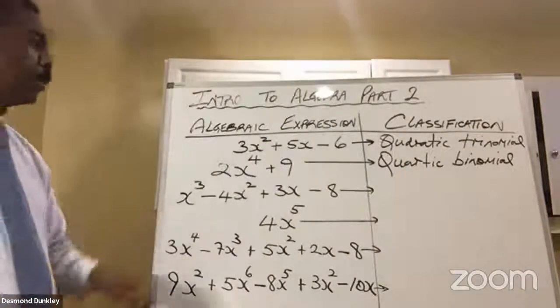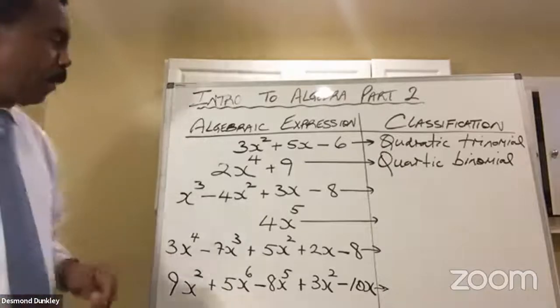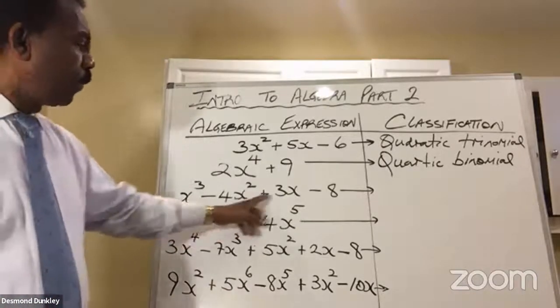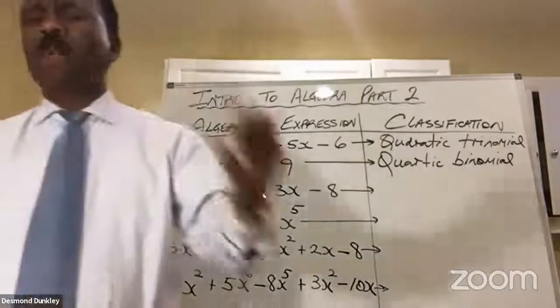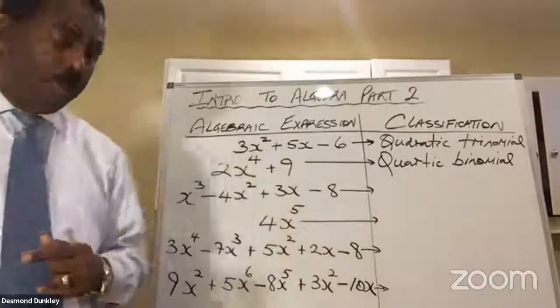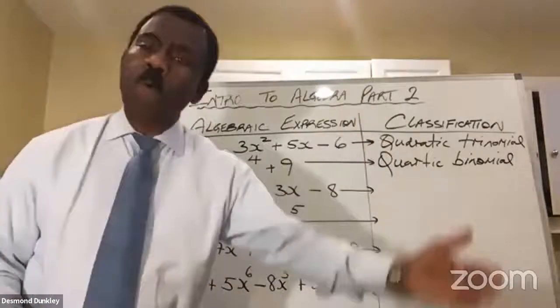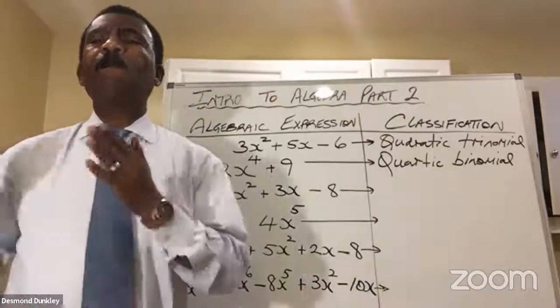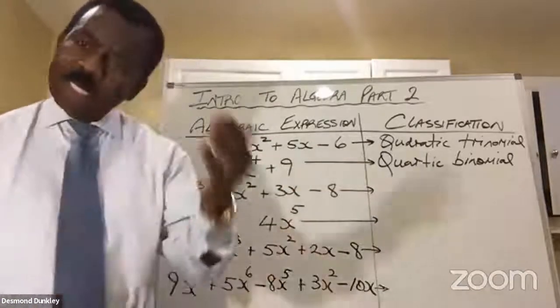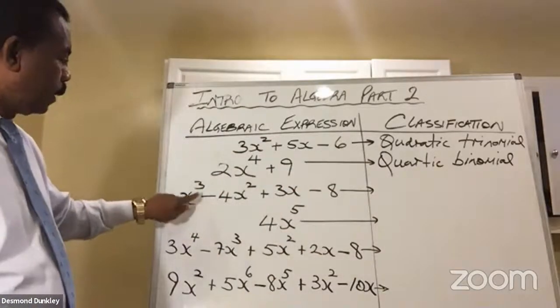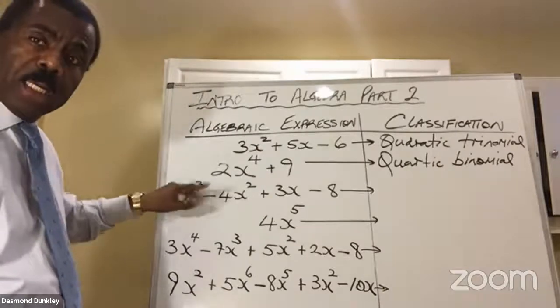Okay, now we go to the third one. The number of terms, 1, 2, 3, 4 terms. There are 4 terms, and based on our discussion we had, we said that if we have 4 or more, we call that a polynomial. So it's a polynomial. What is the degree? It is degree 3.